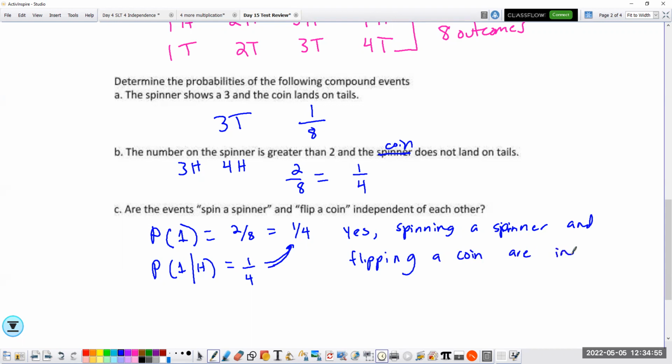They are independent, and our reason is independent because their probabilities are equal. I don't need to restate that it's 1/4. They're both, the 1/4 is here. If for some reason I did not have this work off to the side, I would need to write after this statement equals 1/4.